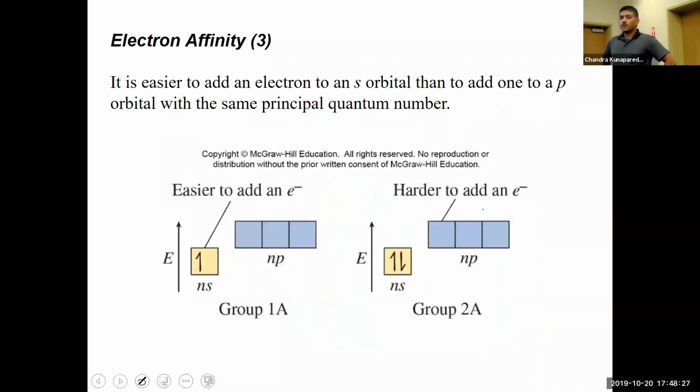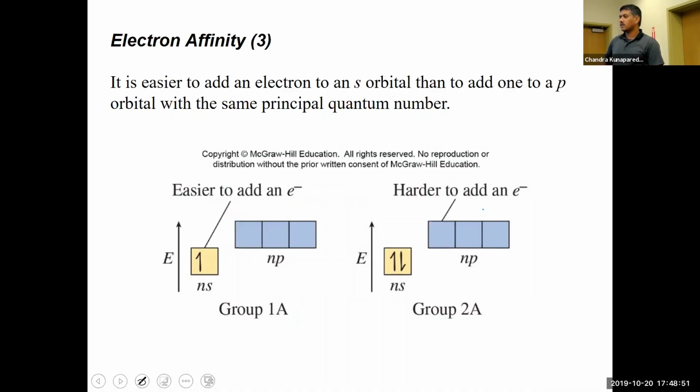So here are a couple of trends to discuss. Here it is saying that if you have two different groups, in general, it is a little bit easier to add that extra electron to an orbital in a much lower energy subshell than a much higher energy subshell.